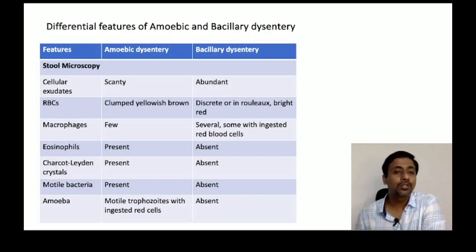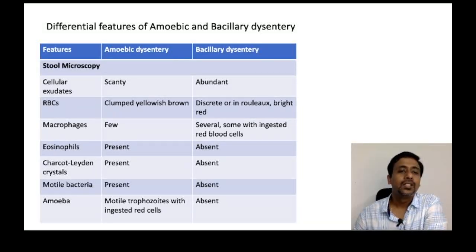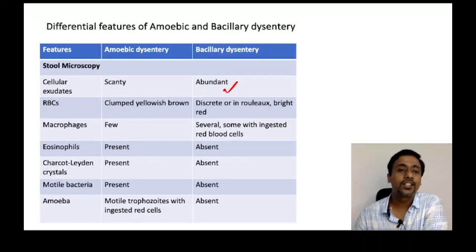Now the microscopic difference between these two dysenteries. Microscopically, if you observe the stool sample, you can find that the cellular exudates are abundant in case of bacillary dysentery, whereas they are very scanty in case of amoebic dysentery.